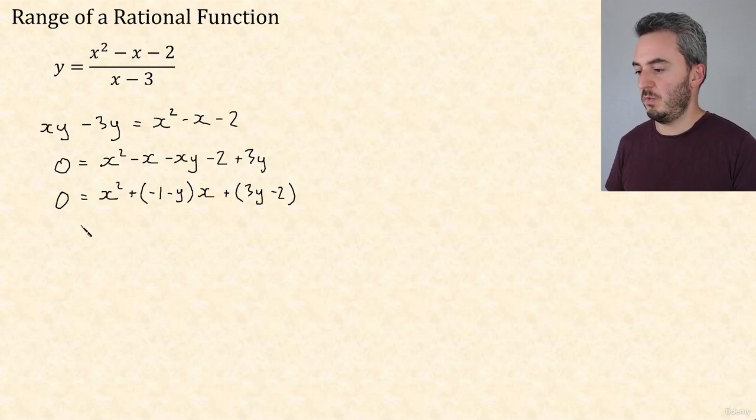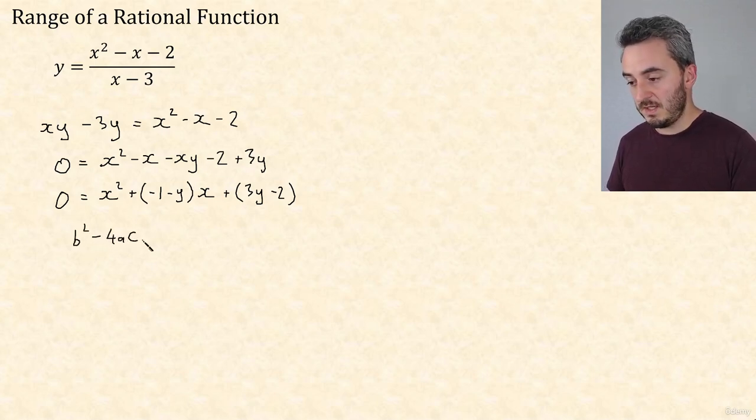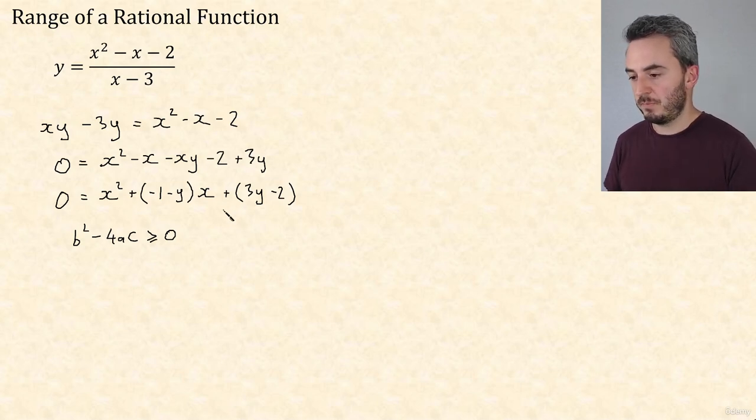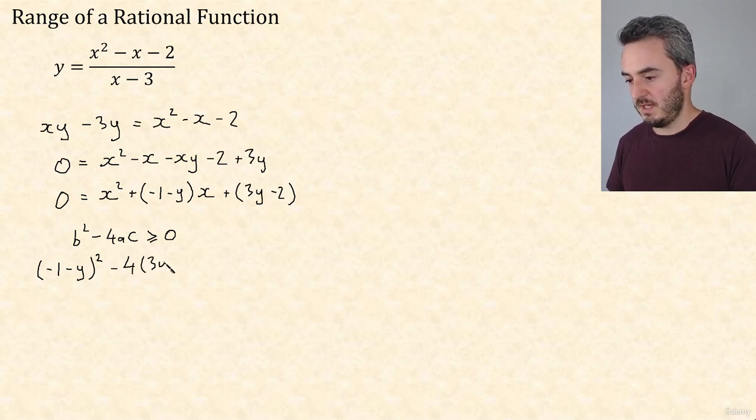So what I want is my b squared minus 4ac to be positive. It actually could be greater than or equal to 0 here, because a repeated root is still the existence of a solution. So this is my a, it's just 1, my b is minus 1 minus y, and my c is 3y minus 2. So let's solve that. b squared is minus 1 minus y, all of that squared, minus 4 times 1 times c.